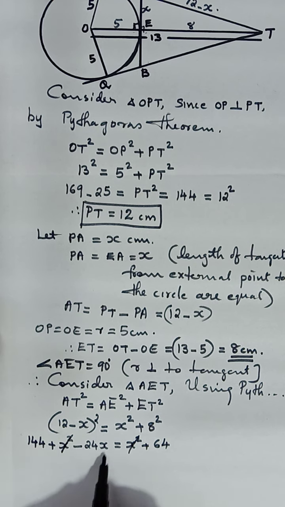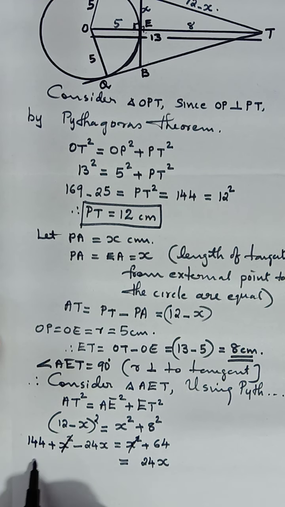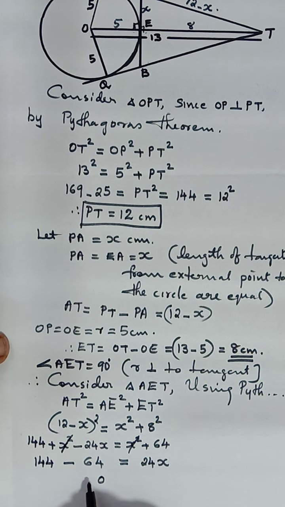Here we have negative 24x. I pass it to the right side, it becomes 144 minus 64. Subtract now. 144 minus 64 becomes 80. That is equal to 24x.